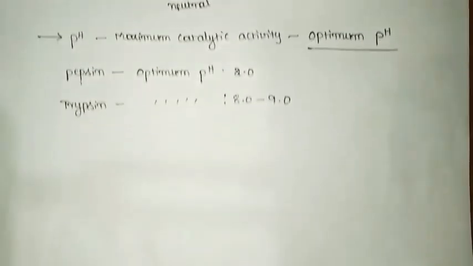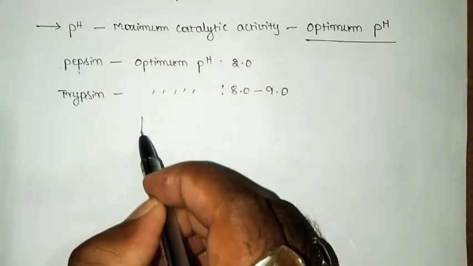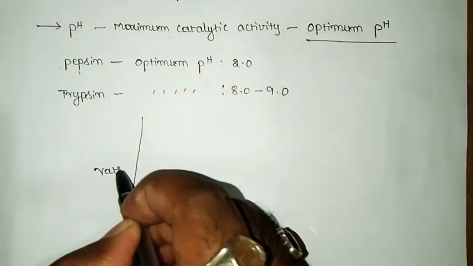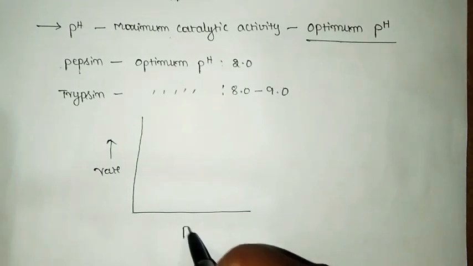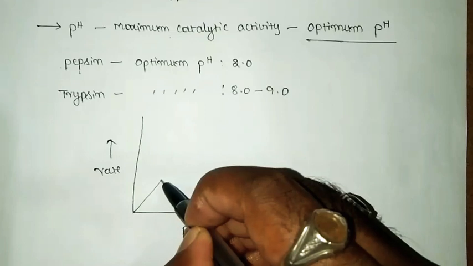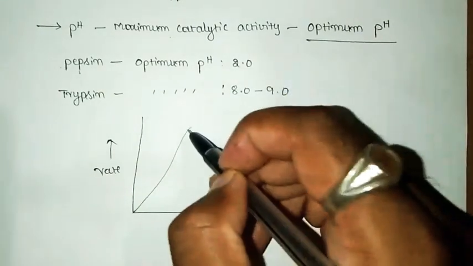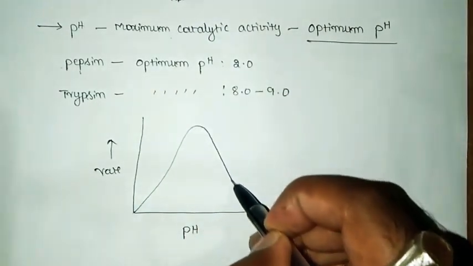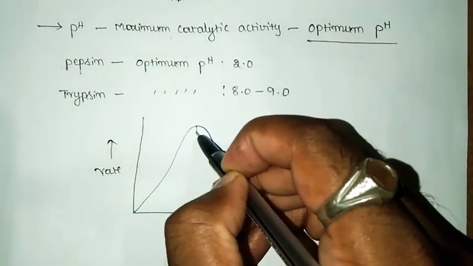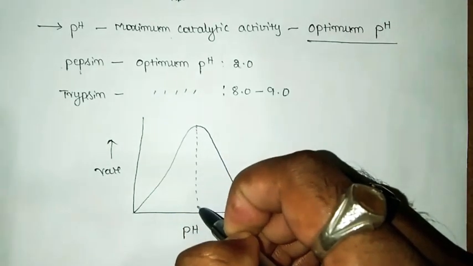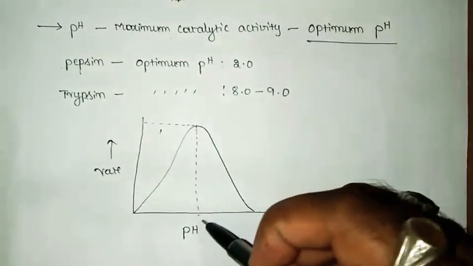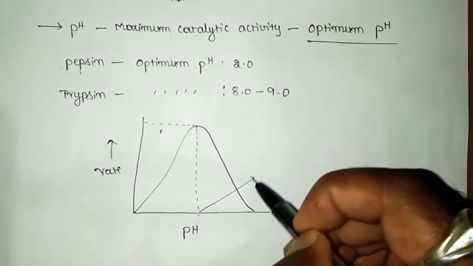And here also we shall observe the effect of pH on the rate of catalytic activity by an enzyme. Each and every enzyme will show greater catalytic activity, that means they influence the rate of reaction, only at a certain pH.